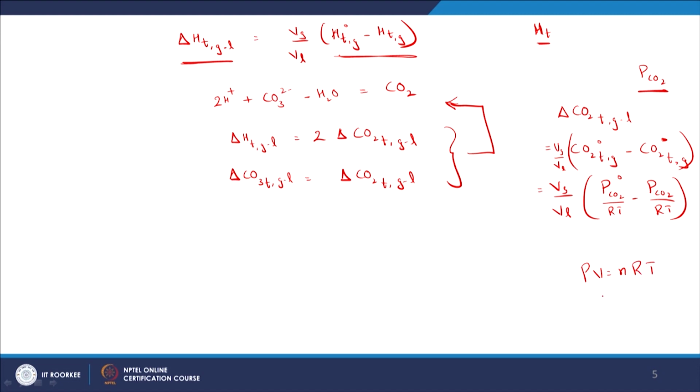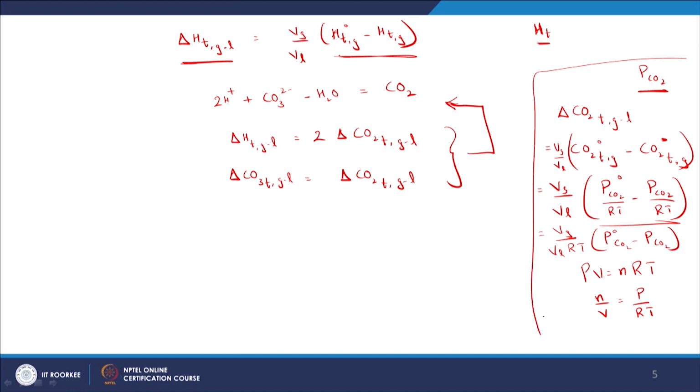And so your n by V, which is your concentration here, is going to be equal to P by RT, and that is what we have here. So that is going to be Vg by Vl into RT, into the initial partial pressure minus the equilibrium partial pressure, right. Anyway, this is something I believe we are going to use later on down the line, right. So let us move further.